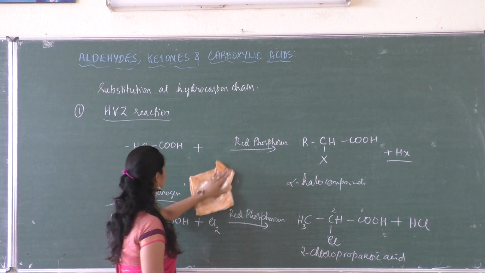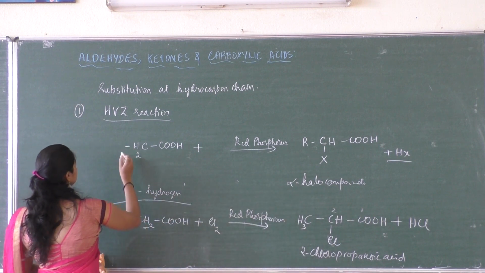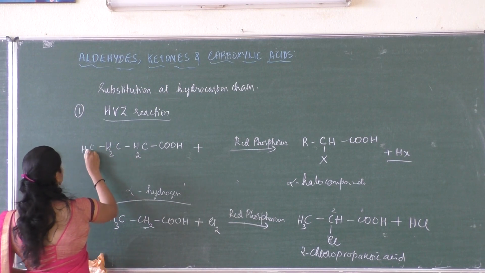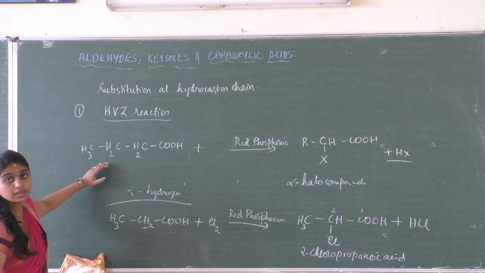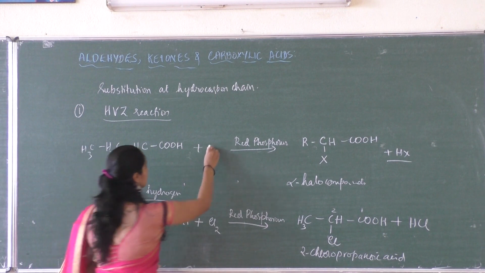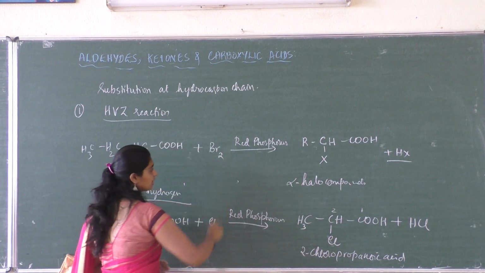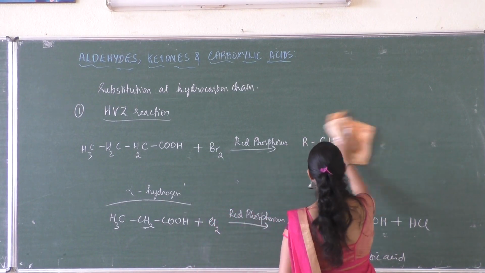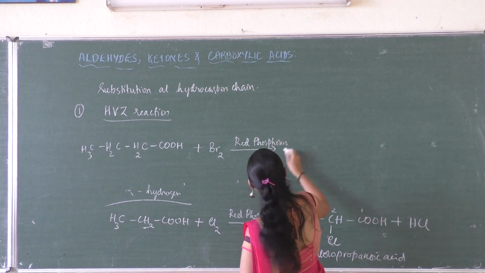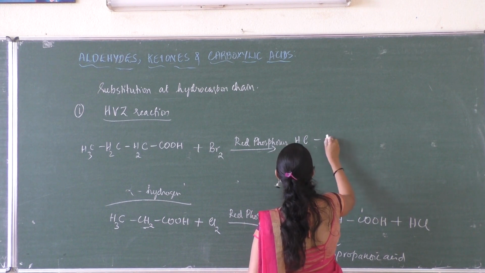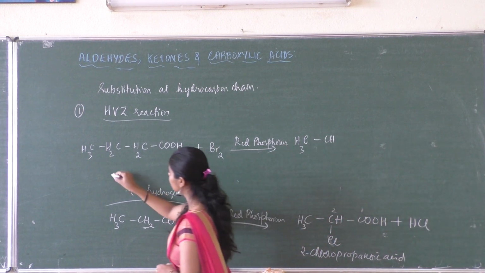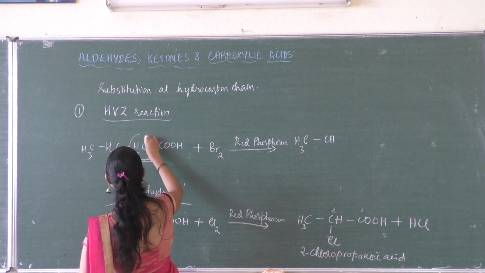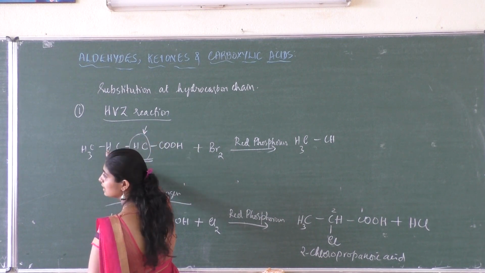We can consider other examples also. That is, if I take butanoic acid and it is treated with bromine in the presence of red phosphorus, the compound that is obtained here is CH3CH2. So the replacement takes place at this position, not at this, because the alpha hydrogens are here, not on the third carbon atom.